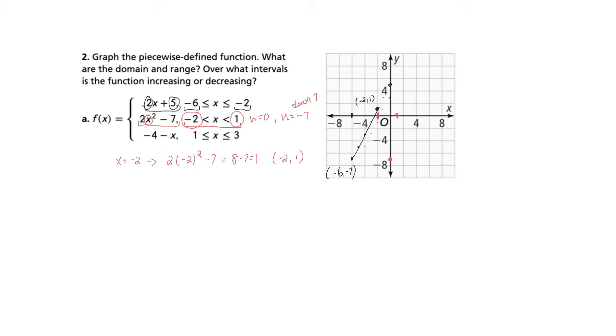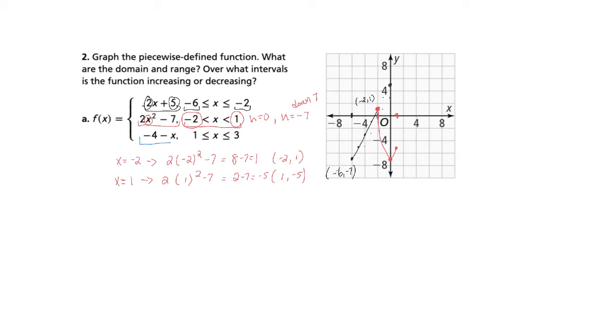Then if we test out x equals 1, we get 2 times 1 squared minus 7. 1 squared is 1, times 2 is 2. So 2 minus 7 equals -5. It's 1, -5. So let's plot those points. Here is -2, 1, and here is 1, -5. So we're going to make our parabola like that.